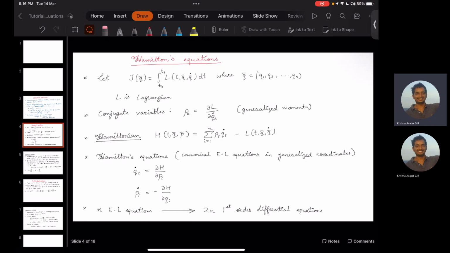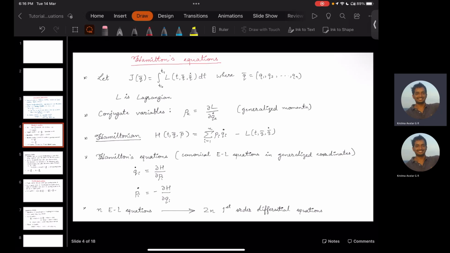Since it's a functional of multiple dependent variables and one independent variable, this would give us n second order ordinary differential equations in t, and that was also our Euler-Lagrange equations.